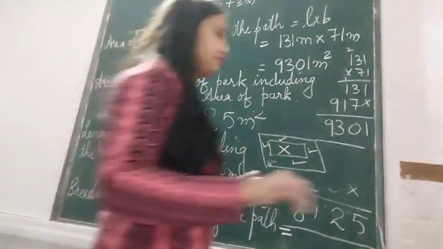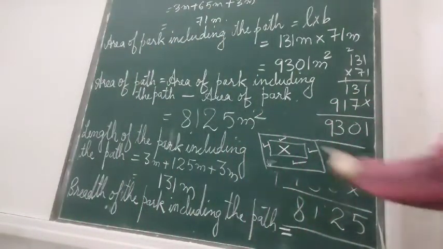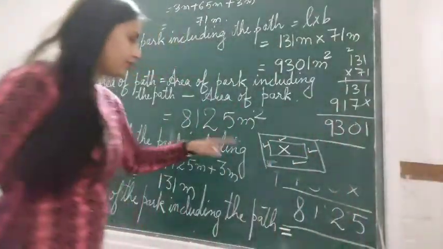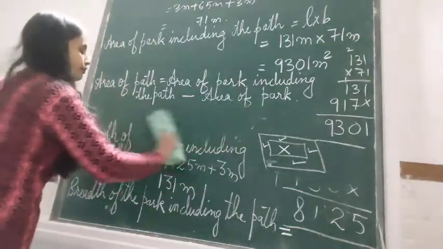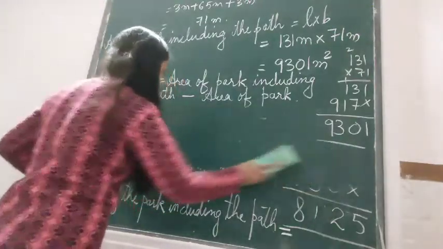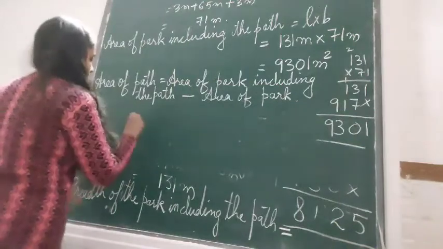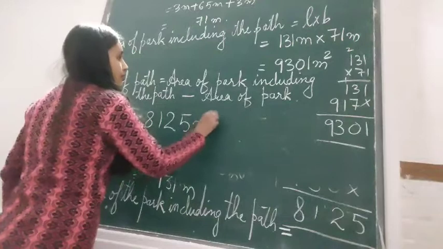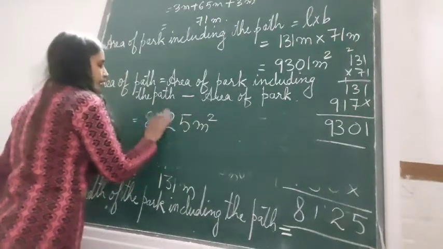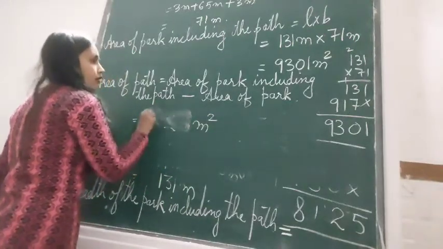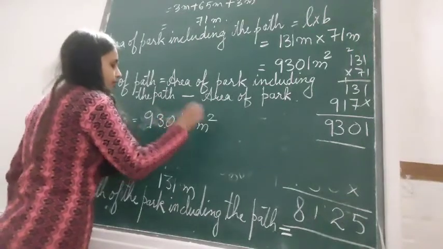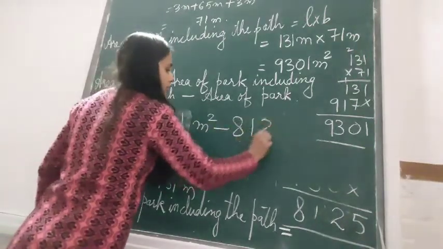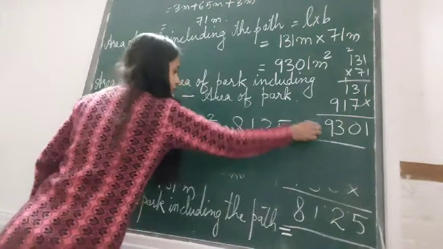One minute, children. Purposely I was not erasing this so that I will remember 8.25. Sorry, 9301 meters square. 9301 meters square minus 8125 meters square.